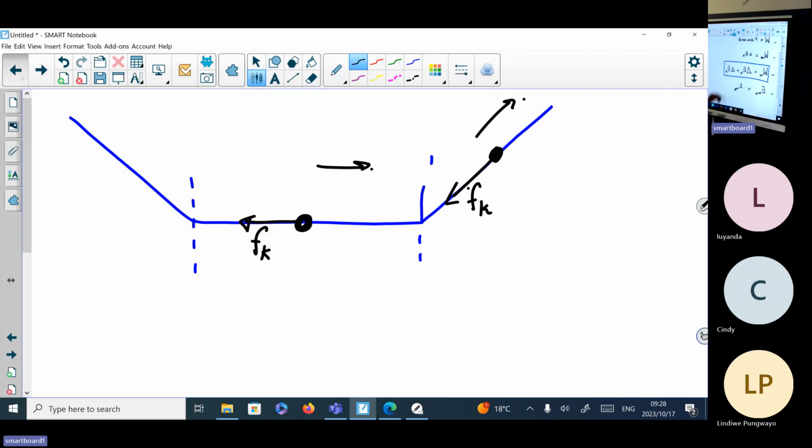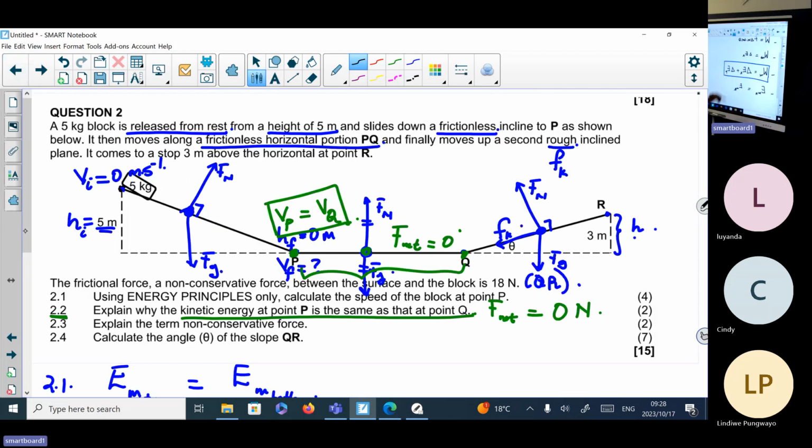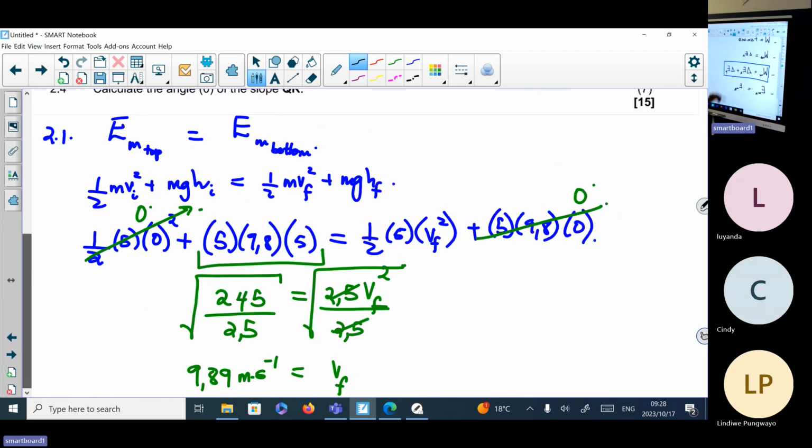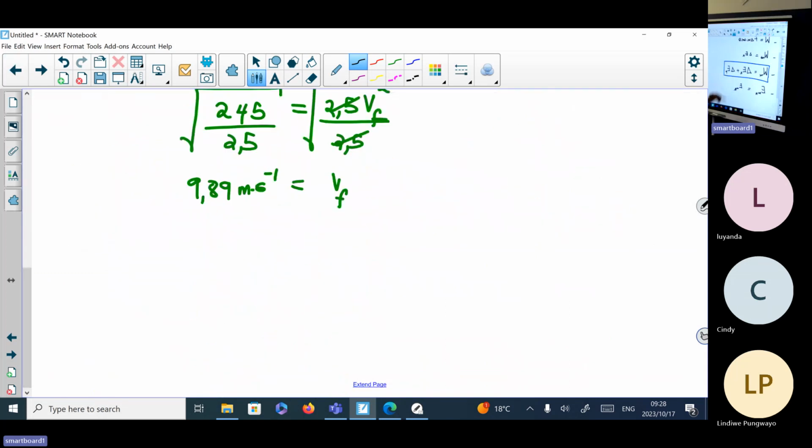So in this particular instance, to explain this, we refer to our examination guidelines to say that it is the force 2,3.